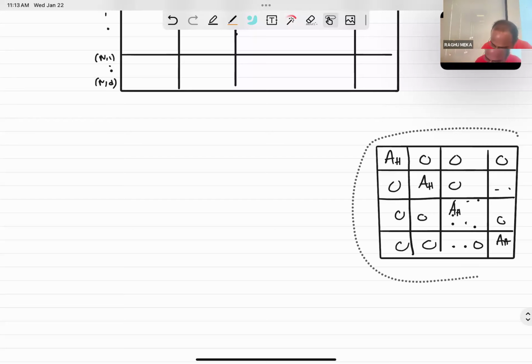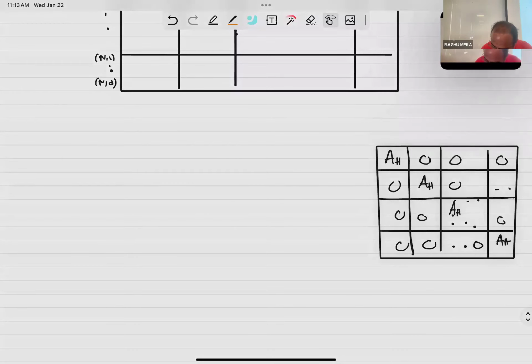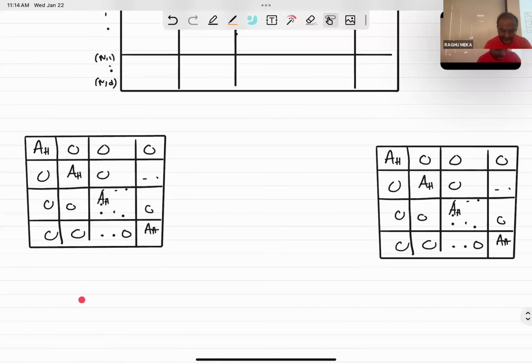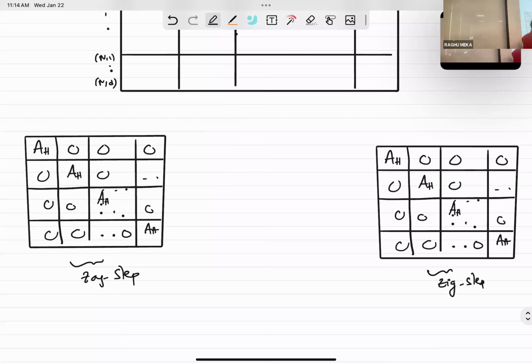You have to be a little bit careful with the rotation map, but essentially the same thing. Okay, you should think of this as what the zig step is doing, and this is what the zag step is doing. Okay, but there's the across cloud step, and we need to figure out what it's going to do. Okay.